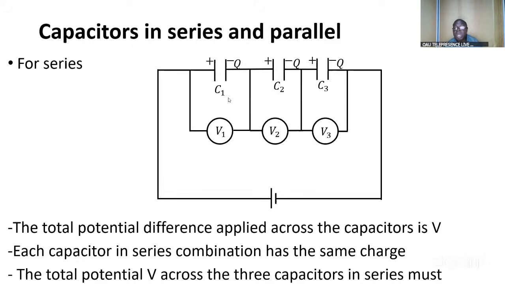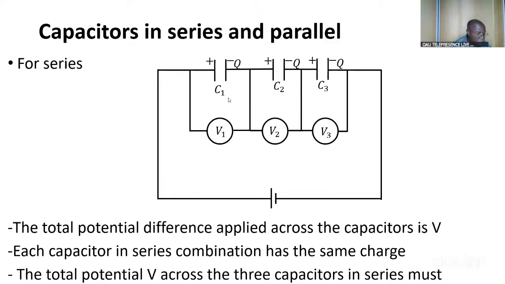So Q1 is equal to Q2 is equal to Q, which will be the equivalent capacitance times the voltage across them, since you have been given the voltage. So I will say 2 over 3 microfarad times the potential difference, 100 volts.